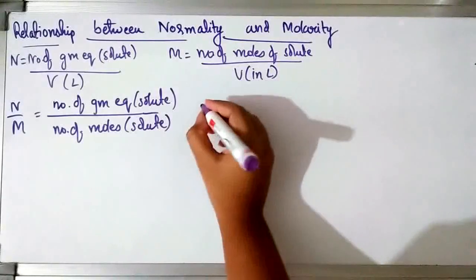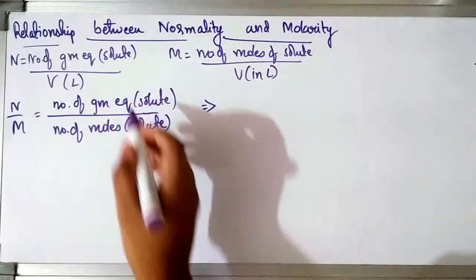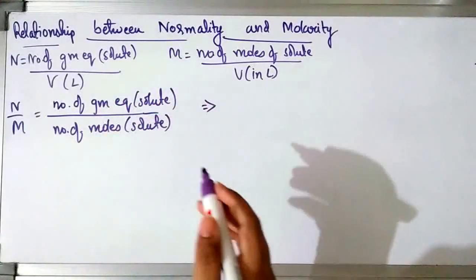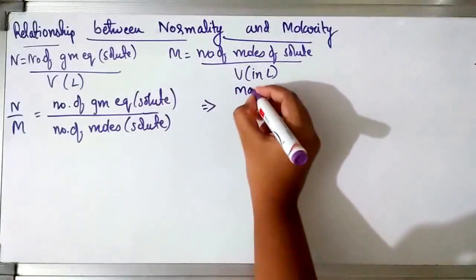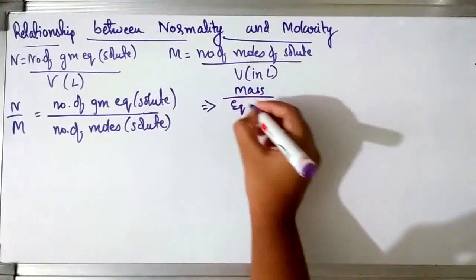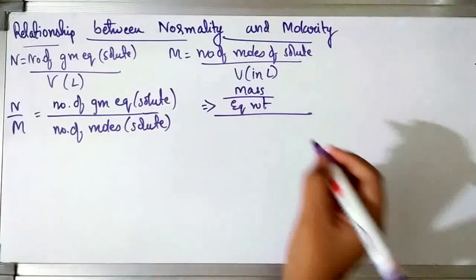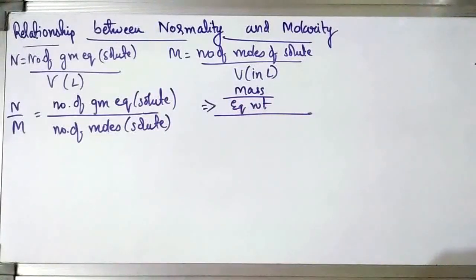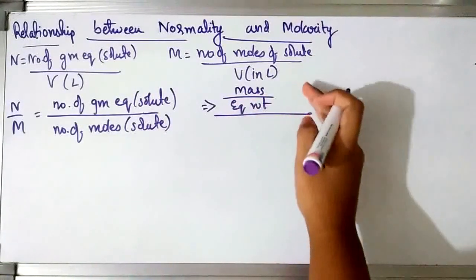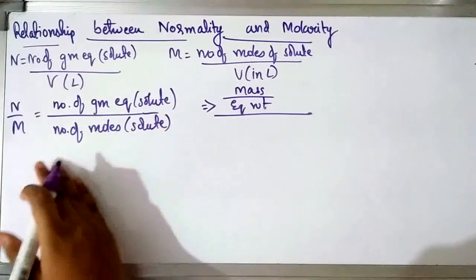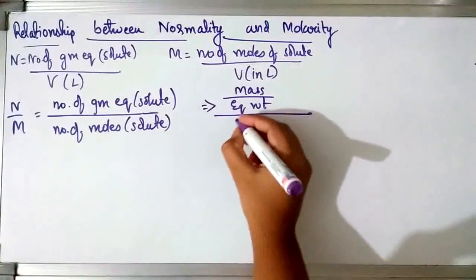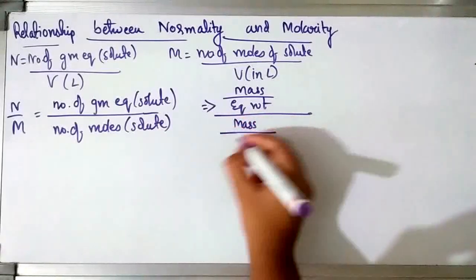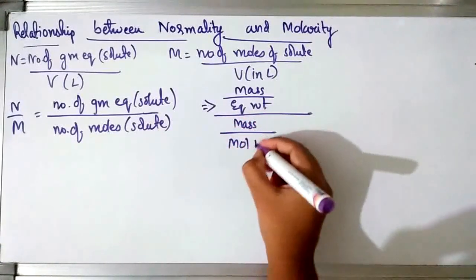Now we are going to put the formulas of both of them. The number of gram equivalents of solute is equal to the mass given upon equivalent weight, and the number of moles is equal to the given mass upon molecular weight, or molecular mass, which means the same.